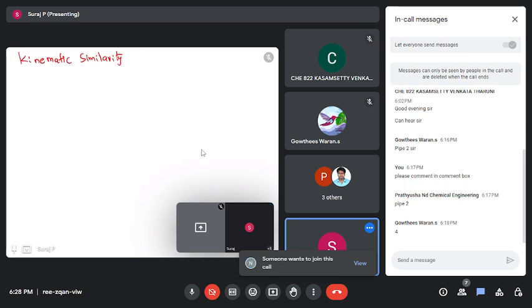For kinematic similarity, the ratio of kinematic properties such as velocity should be equal to the prototype. For the model, the velocity ratio in the x-axis and y-axis should be equal to the prototype.